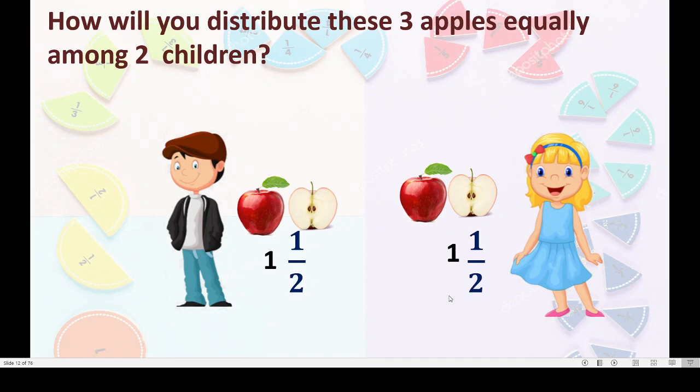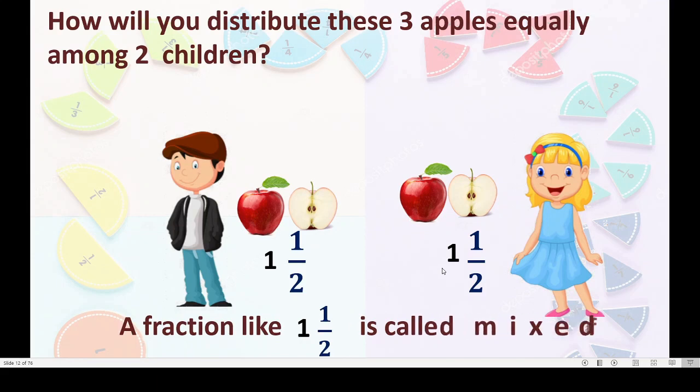Dear children, you can see here three numbers. One beside, one in the numerator and one in the denominator. This is full and this is half, isn't it? Like this, a fraction is called a mixed fraction. Got this? This whole number is also there and a fraction is also there.